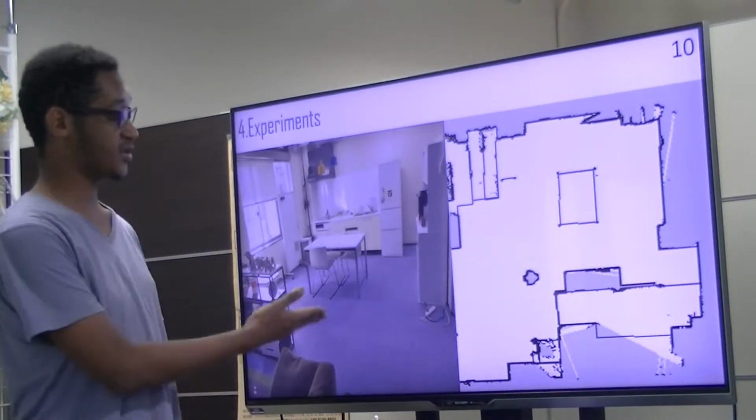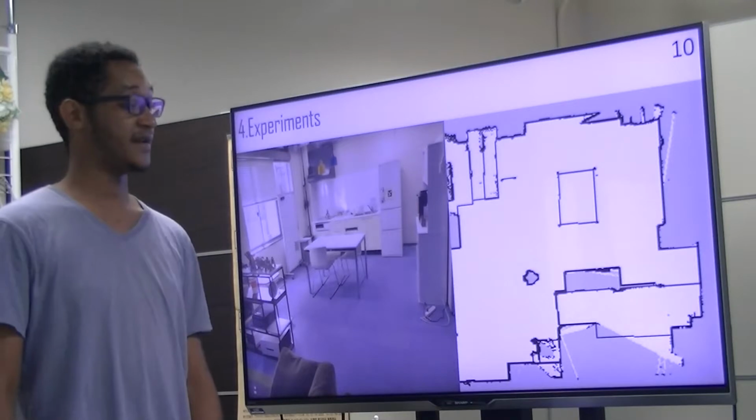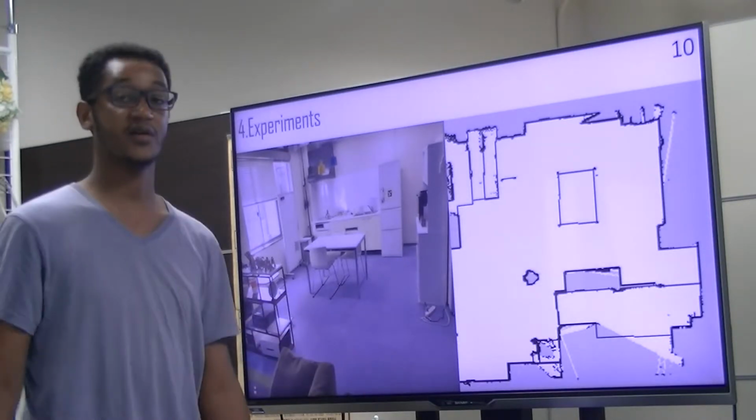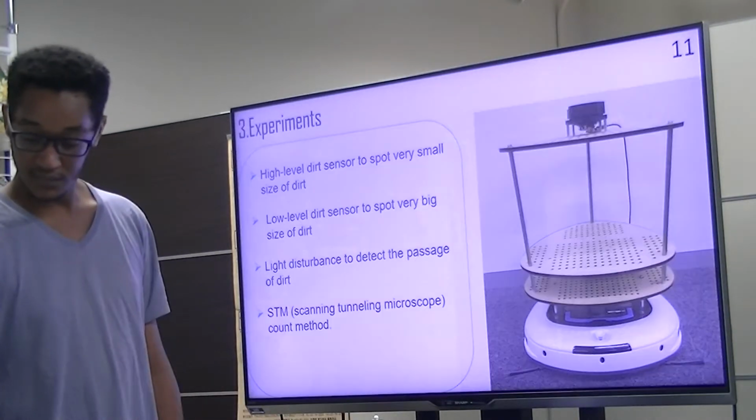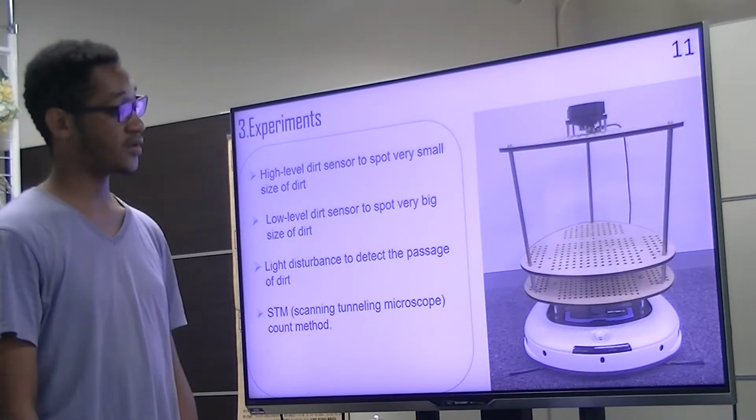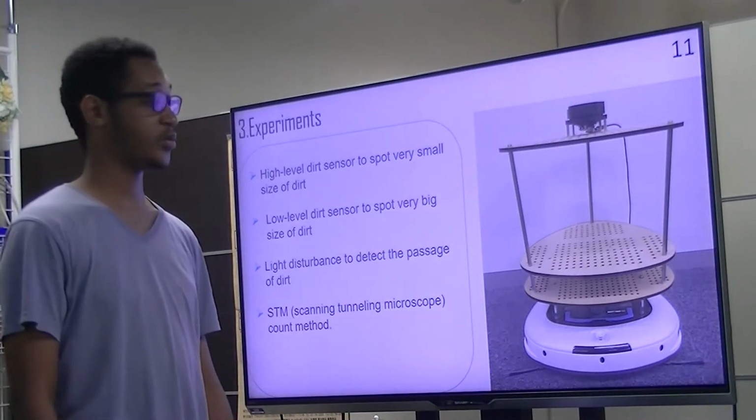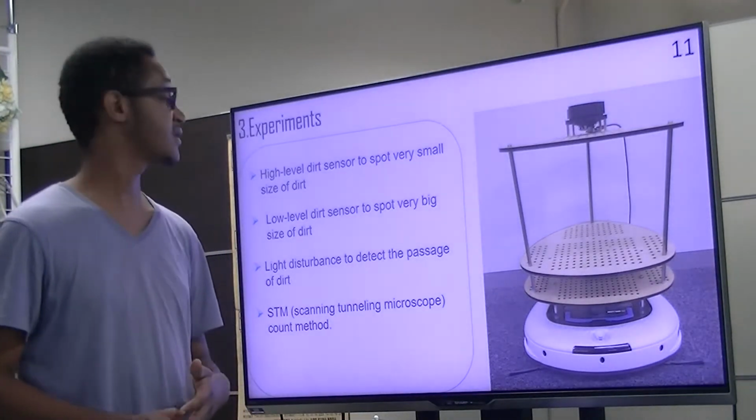As an experiment, we use the room that is shown here on the left side, and the map is shown here on the right side. We also use a Panasonic robot which has two types of sensors.